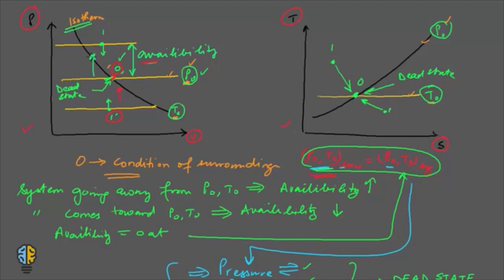Now there is one more point that you should note that comes from the TS plot. Let us say you have a system at state 1. From state 1 a spontaneous process starts, and the spontaneous process approaches the dead state. Similarly, if you have a state 1 at some other point in the TS plot, from this point also you have a spontaneous process, and it also moves towards attaining dead state.